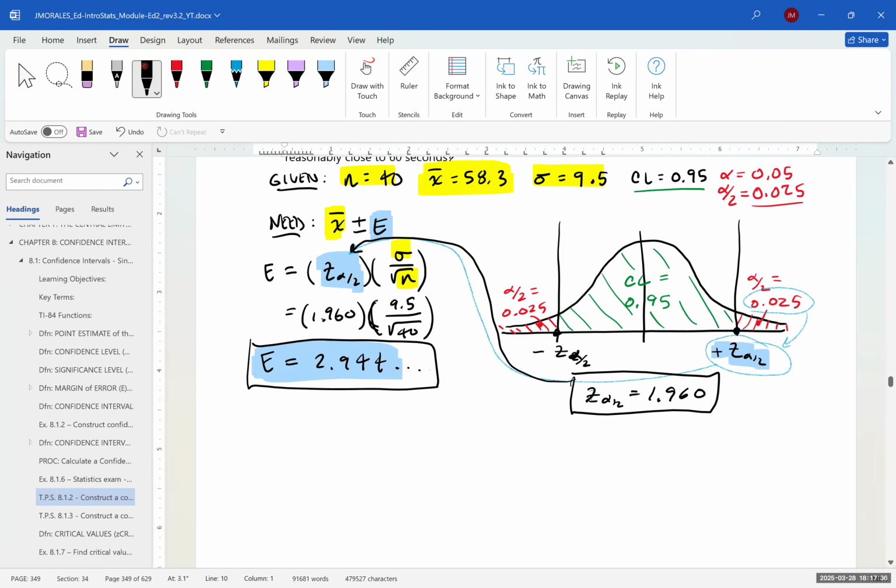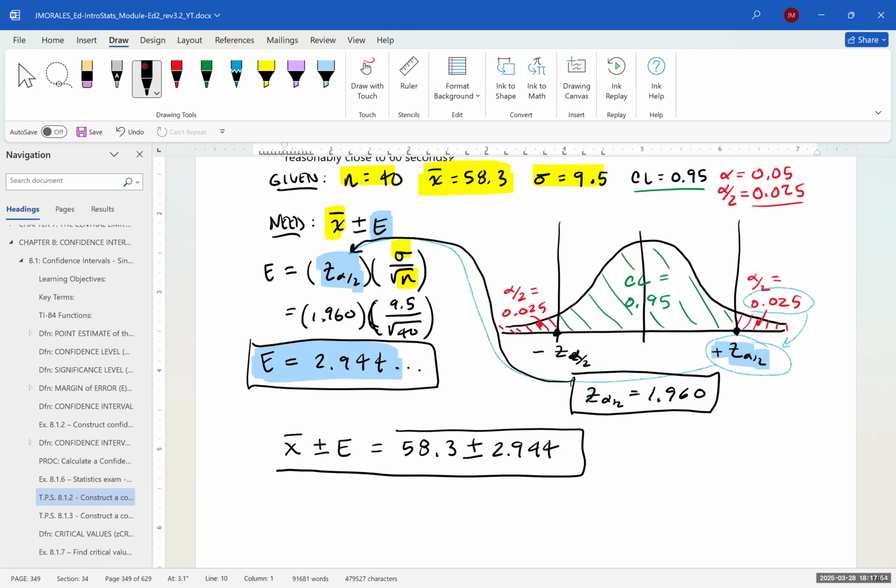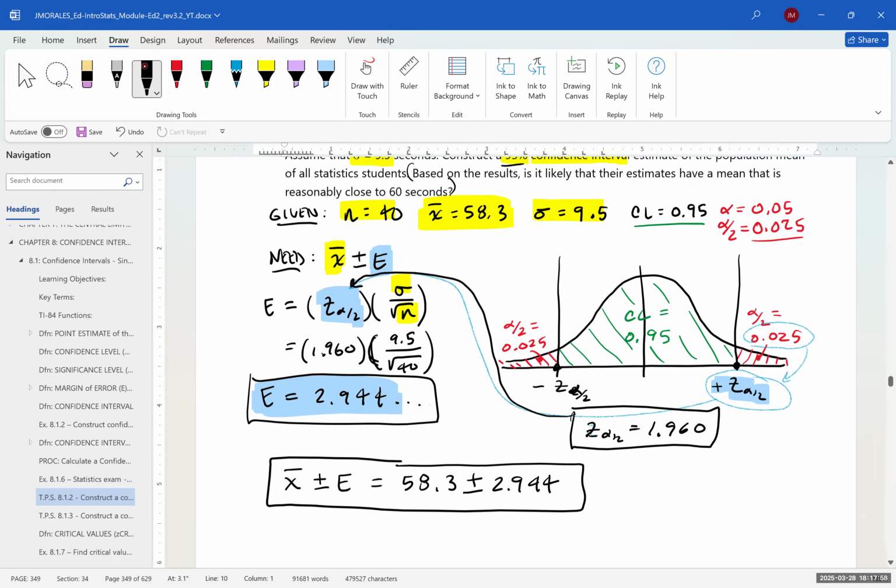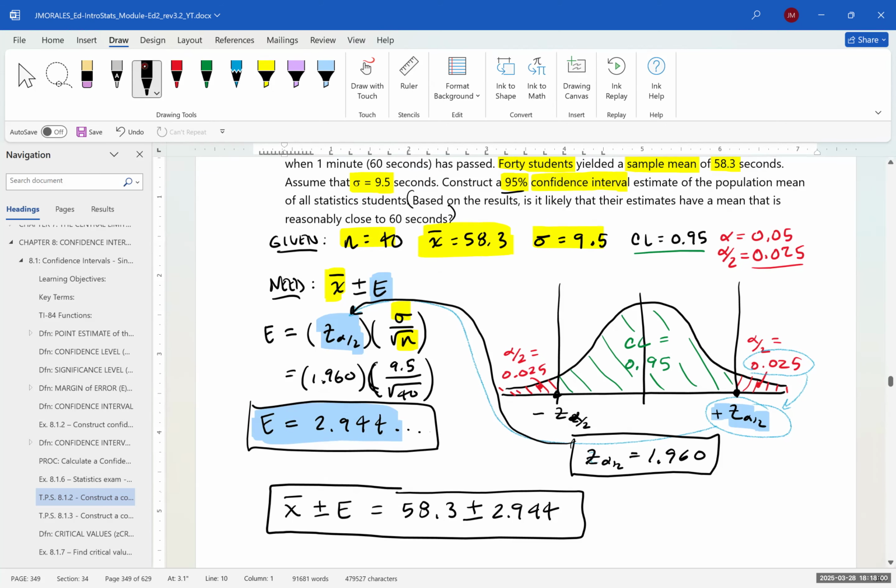So the confidence interval is going to be x bar plus and minus E. And x bar was 58.3. That's going to be plus and minus our error, which is 2.944. Now, this particular form of the confidence interval isn't going to be so helpful with our answer.